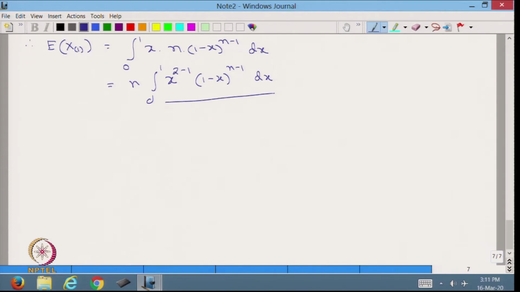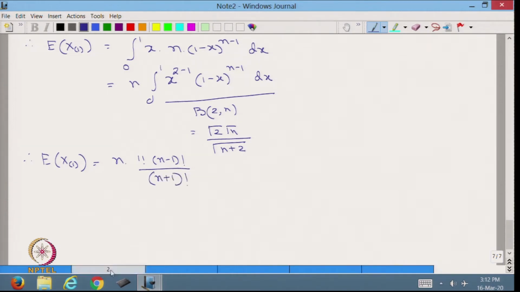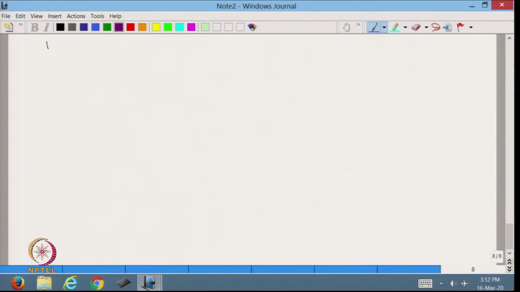This is a beta integral that gives us Beta(2,n) = Gamma(2)Gamma(n)/Gamma(n+2). Therefore, the expected value of X1 is n times Gamma(2), which is 1 factorial, times Gamma(n), which is (n-1) factorial, over Gamma(n+2), which is (n+1) factorial. That equals n factorial over (n+1) factorial, which is 1/(n+1).